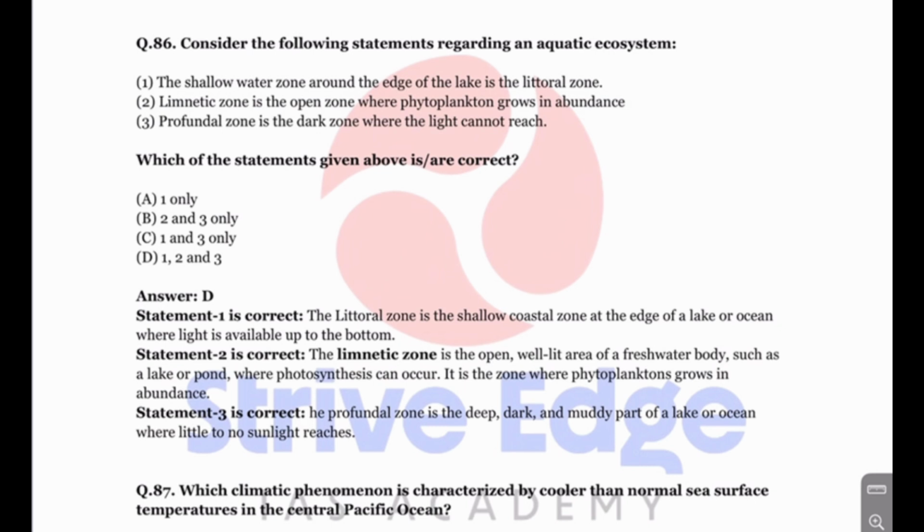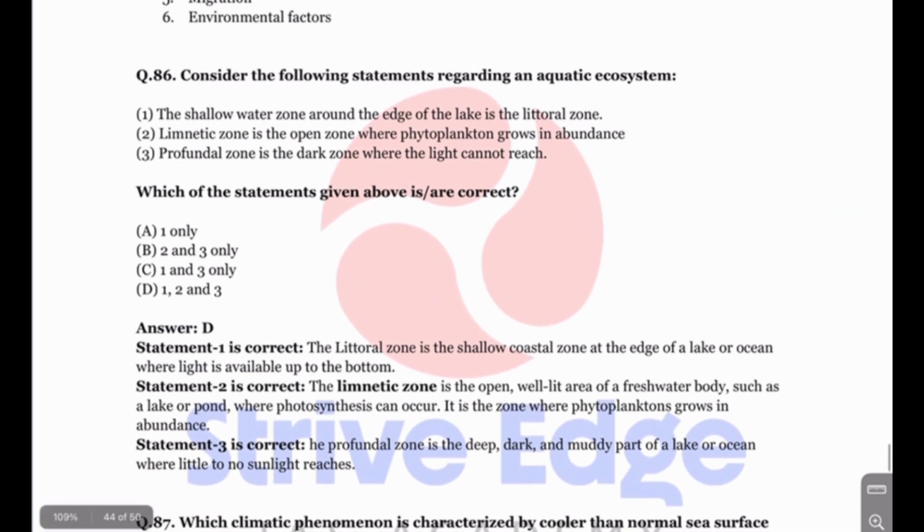But the abundance is found in the littoral zone, because in this zone they get a lot of nutrients from the land area. So here we have abundant growth of plankton, okay? But in the limnetic zone, though we have a lot of sunlight, there is lack of nutrients, okay? So answer, I think it is C, not D. Answer is C, not D.